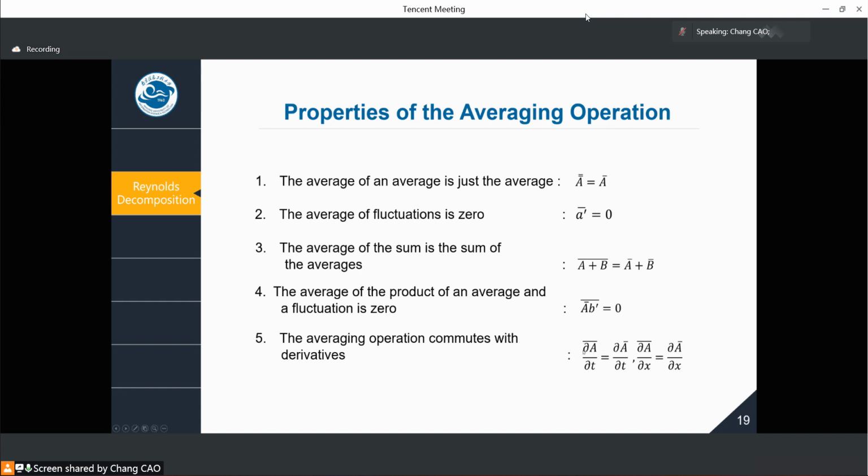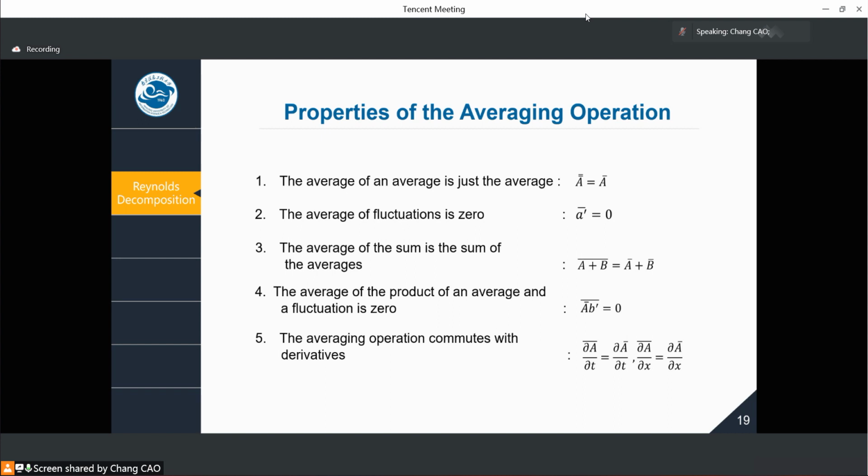The average of a derivative is the derivative of the average. Okay? So actually they are the same. So these 5 properties are very important for us in deriving the RANS equations. Okay, we will use the properties of this averaging operation when we derive RANS.